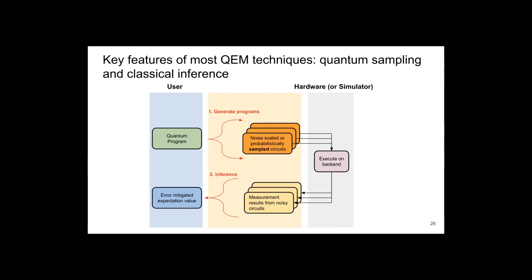We execute on the backend, and then we collect these different measurements, all from these different noisy quantum circuits, and we apply some inference techniques that, for the most part, are completely classical techniques. And then we obtain a single error mitigated expectation value.